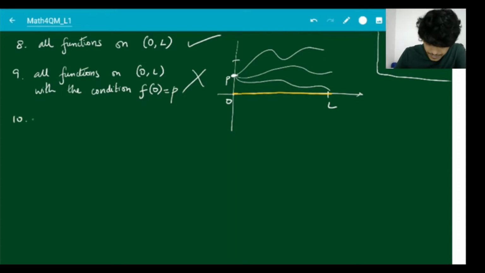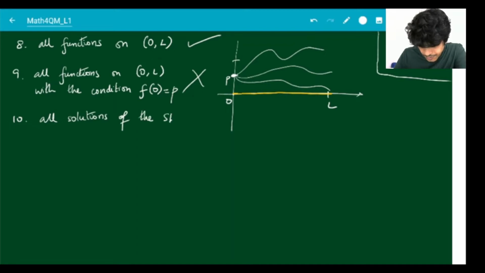What if I take the set of all solutions of the simple harmonic oscillator differential equation? This is a very interesting example. You know what the differential equation is for the simple harmonic oscillator.